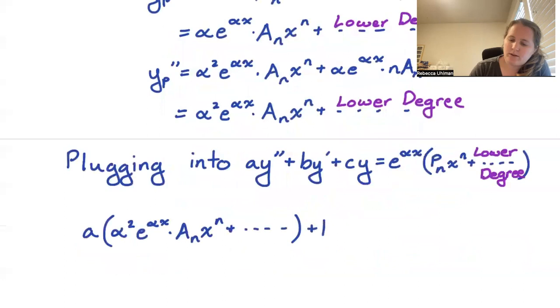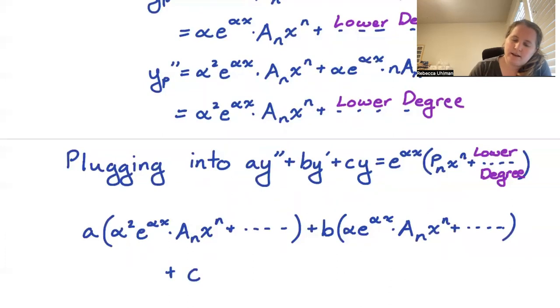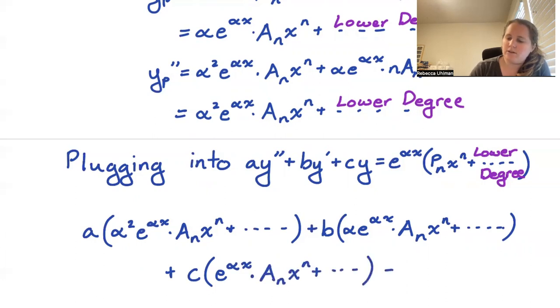Then we would have plus b times alpha e to the alpha x times an x to the n plus our lower degree, plus c times e to the alpha x times an x to the n plus our lower degree. All of this should equal e to the alpha x times pn x to the n plus our lower degree.